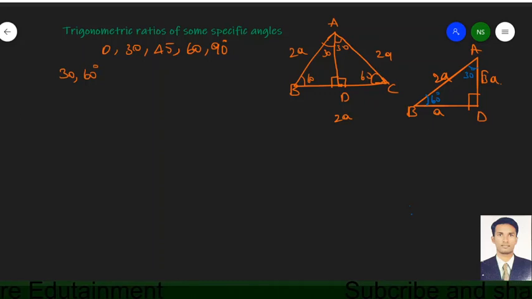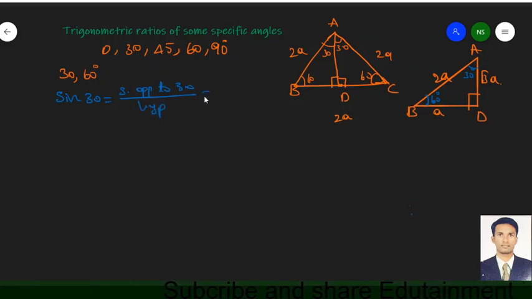Sin 30 degrees is side opposite to 30 degrees divided by hypotenuse. Side opposite to 30 degrees, here is our 30 degrees, this will be opposite side. A divided by 2A, so we will get here 1 by 2 after cancelling the common factors.